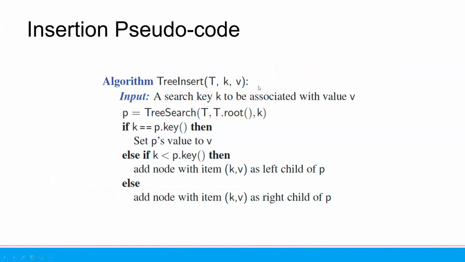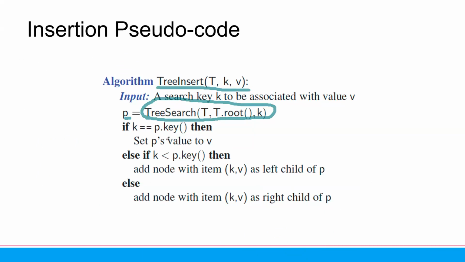So this is the pseudocode. We call it the tree insert. So the tree insert means if I have a P which is a tree search, we are going to search. We want to find where is the possible node to insert a key.